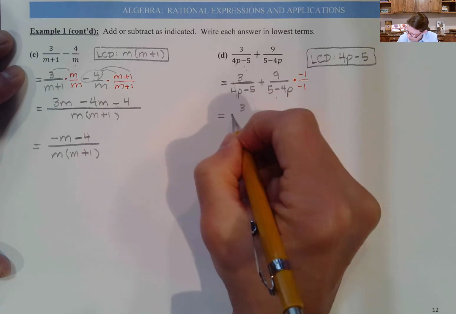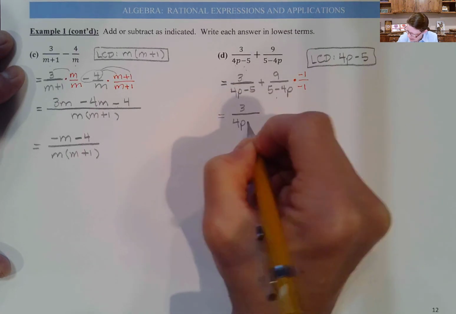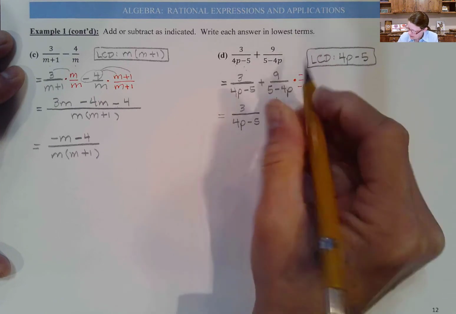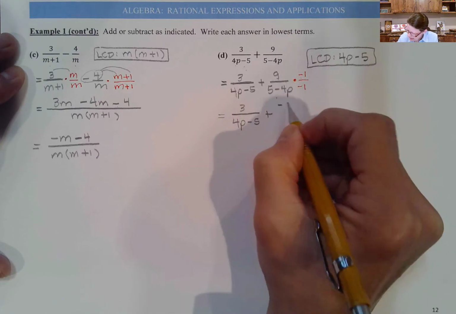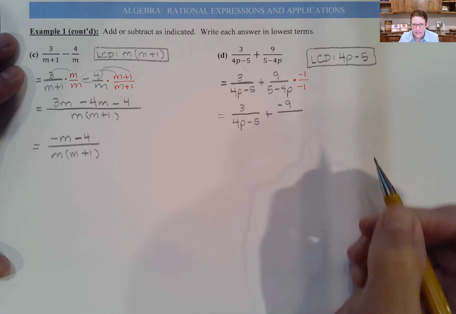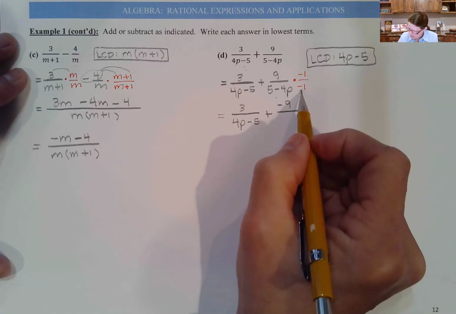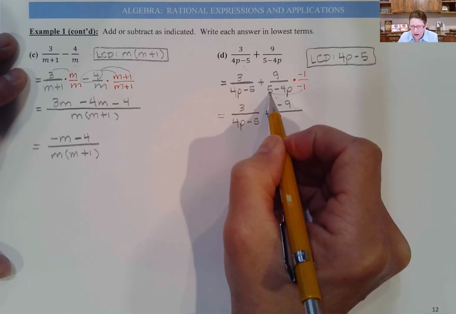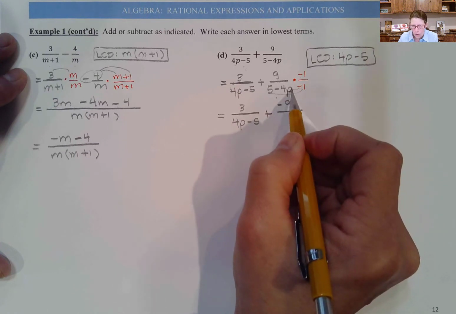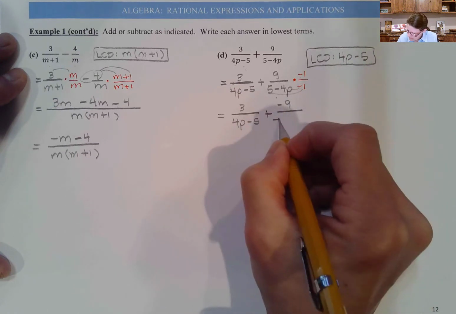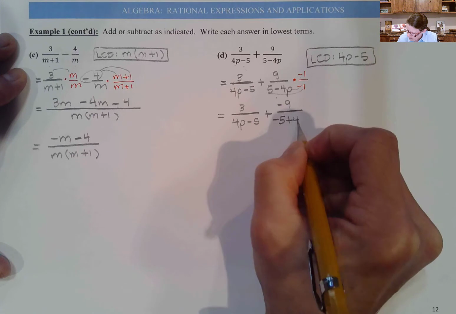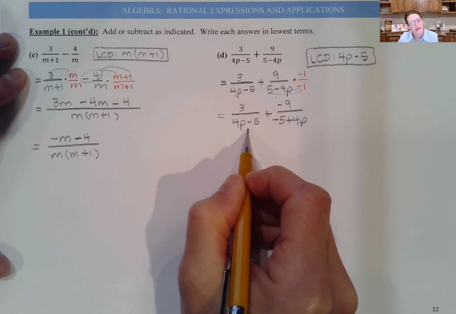Thus, we have 3 over 4p minus 5 plus 9 times negative 1, which is negative 9. And notice what happens in the denominator. We distribute negative 1 and obtain negative 5 plus 4p, which is the same as 4p minus 5.